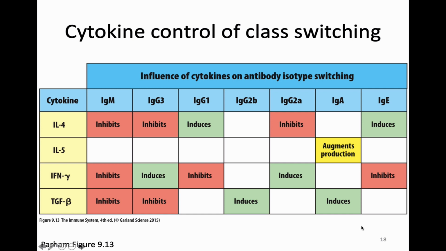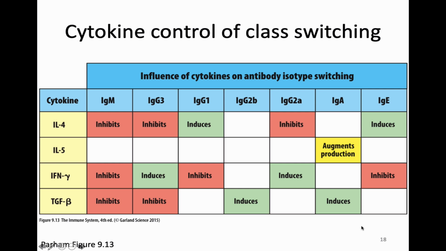Again, we're seeing cytokine production impacting the general process and the general set of immune responses we see. Remember that different antibody isotypes will be better or worse at dealing with different types of pathogens.